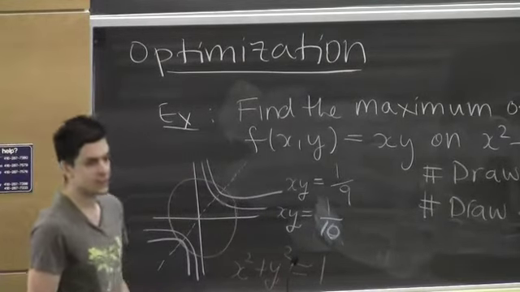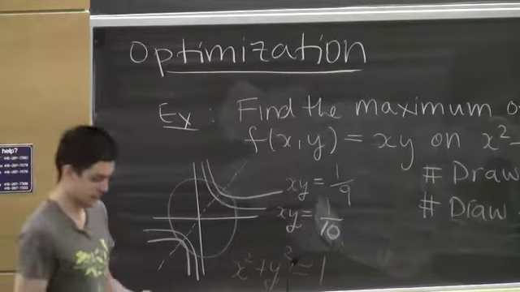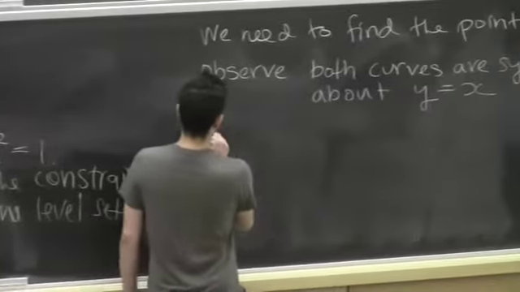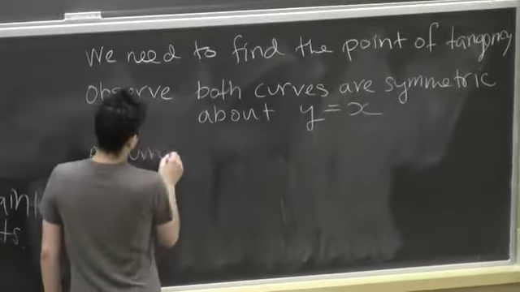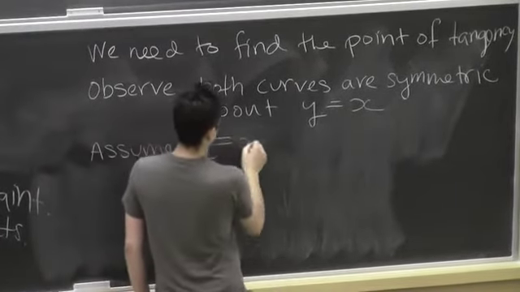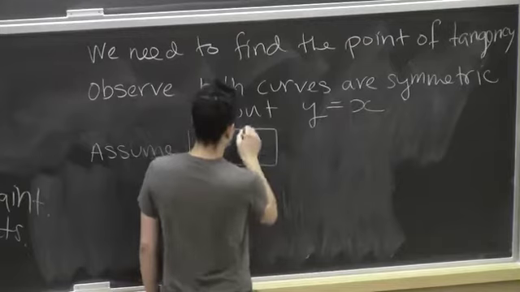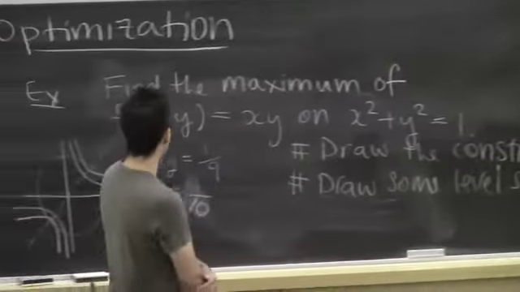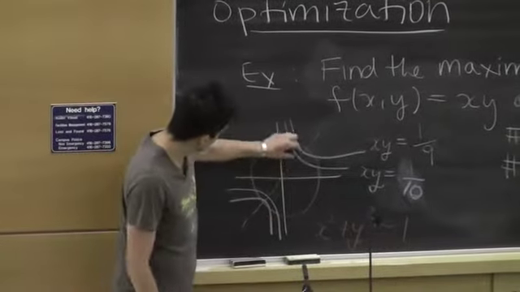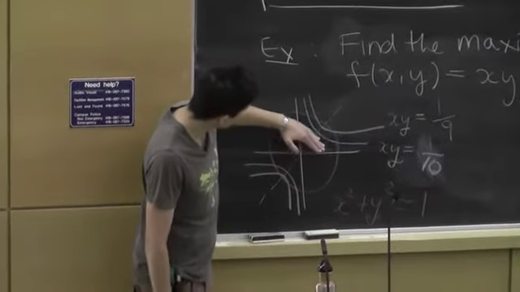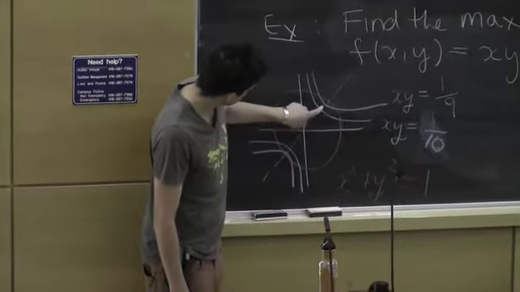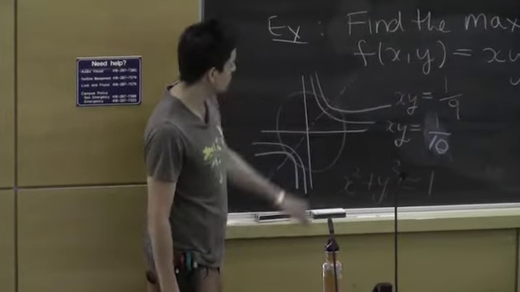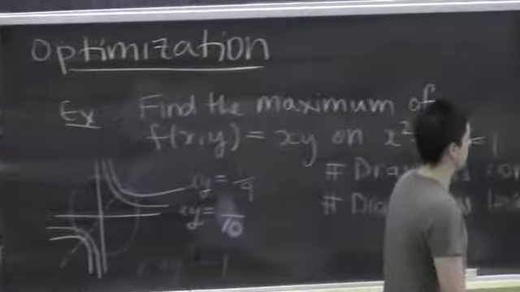So now we want to find a point of tangency on that line. So we're going to assume that the point of tangency happens somewhere along this line. As we move the blue curves, they're going to intersect with that line, and we're going to move them until they touch just at that one red point.